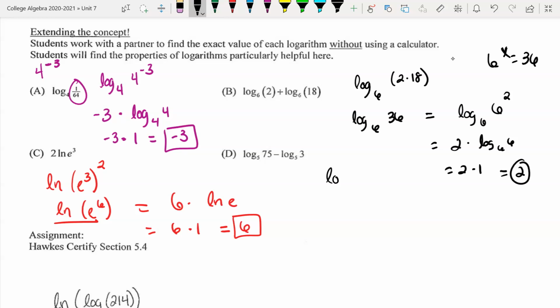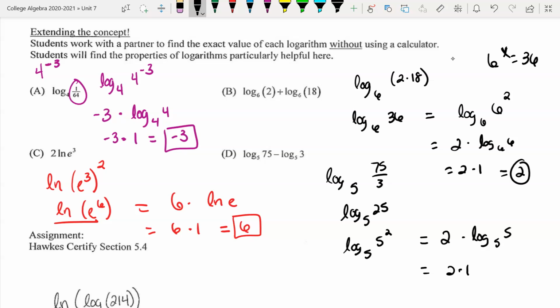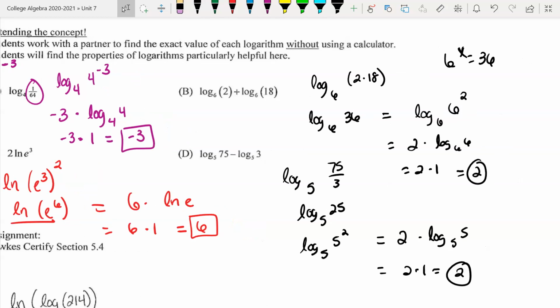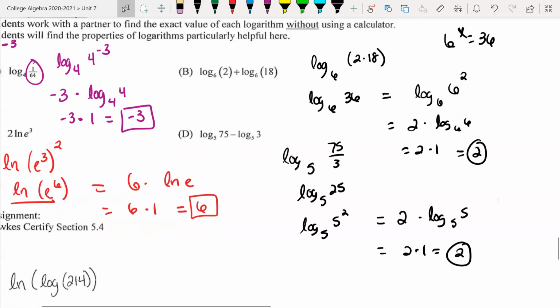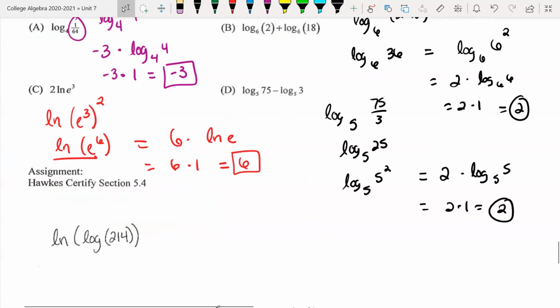And then d, you're doing division, so 75 divided by 3, it's log base 5 of 25, which is like saying log base 5 of 5 to the 2nd, which is like saying 2 times log base 5 of 5. Log base 5 of 5 is just 1. So I'd have 2 times 1, which is 2.